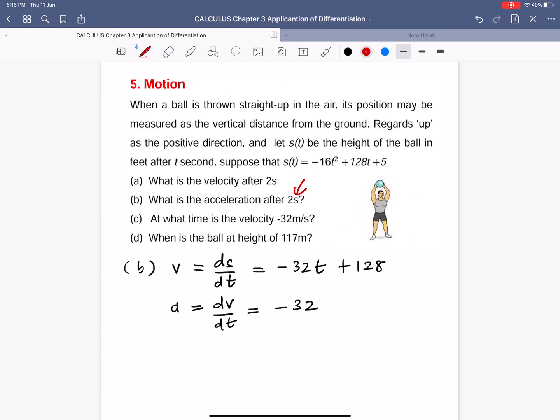So a is negative 32, and since velocity is measured in feet per second, and t is in seconds, the unit for acceleration is feet per second to the power of negative 2.